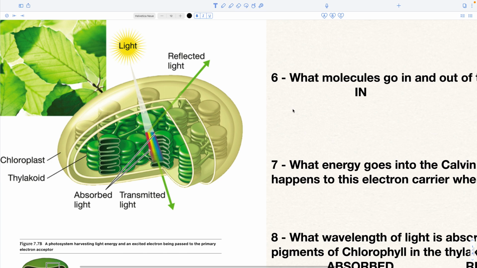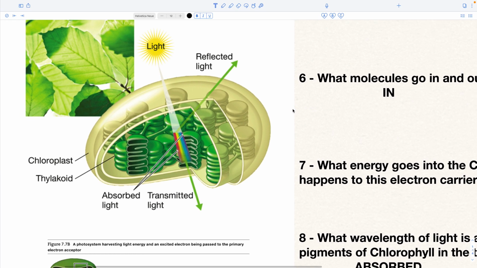So looking at this picture that you see to the left of question 6 and 7, is green wavelength reflected or absorbed by the pigment in the leaf? What? Is green being reflected or absorbed? Yeah, that's what it says right here.